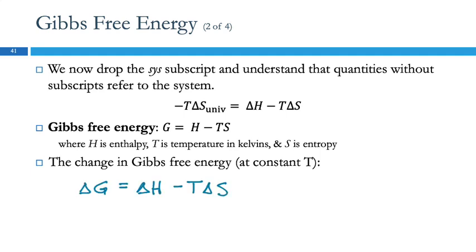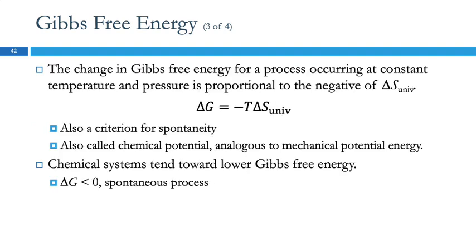Let's go back here. Because this equals negative T delta S for the universe. So they're looking at this part in the next slide. Delta G is proportional to the change in entropy for the universe.